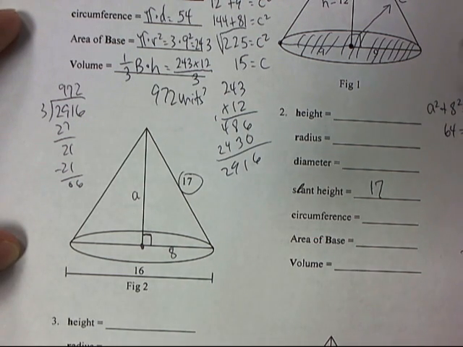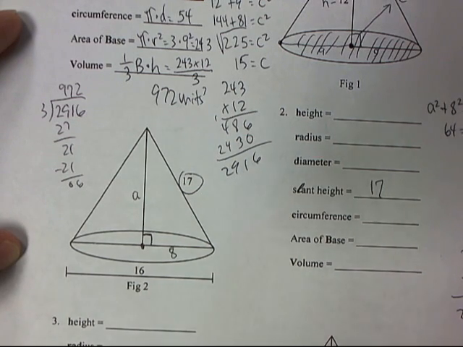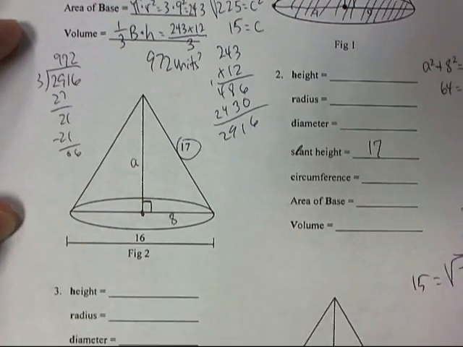And we know when we're solving for a missing leg, we need to subtract the numbers that we squared. So subtract 64 from 289. We get 225. And then take the square root of that. The square root of 225 is equal to 15.